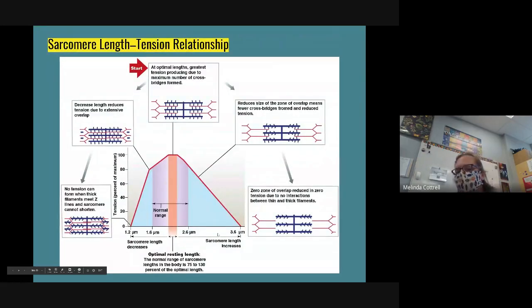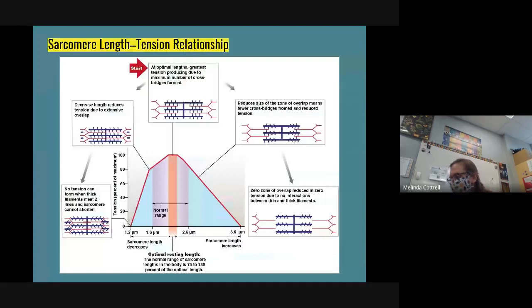All right, we're going to go through this picture before we start talking about twitch. If you look, there's a red start button. Wow, start arrow. Okay. So this is demonstrating optimal lengths.